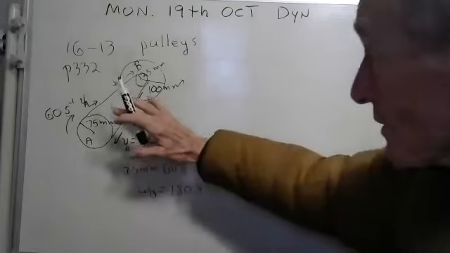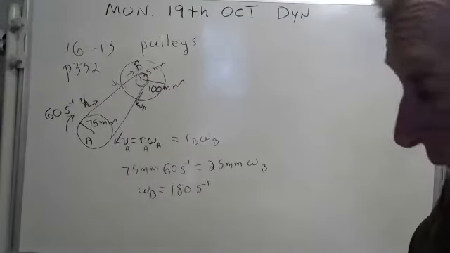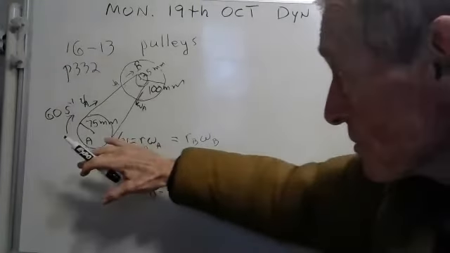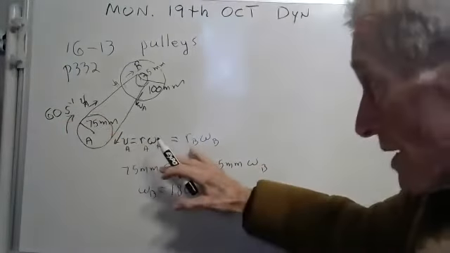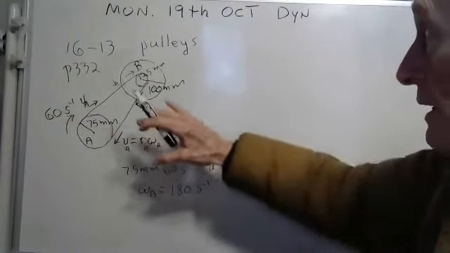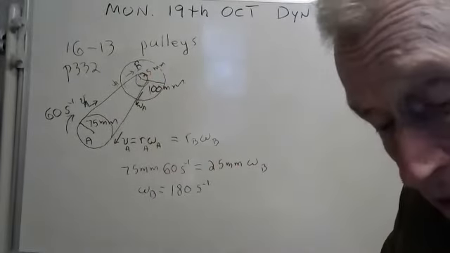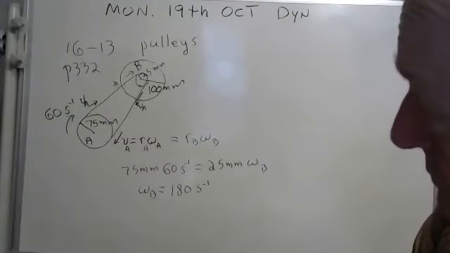So now we have the angular velocity of pulley B. It's all based on this simple idea that the velocity of the belt going around pulley A has to be the same velocity of the belt going around pulley B. That's the dirty little secret of how pulleys work.